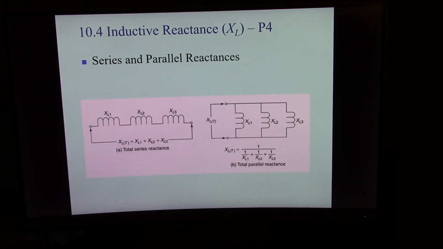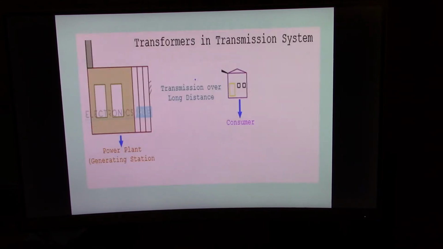So this is talking about series and parallel reactances. One of the most important, well, I don't know about most important, but at least a very important device using inductors is transformers.